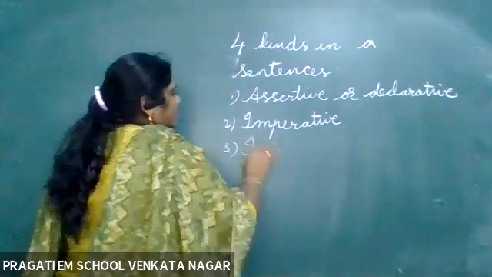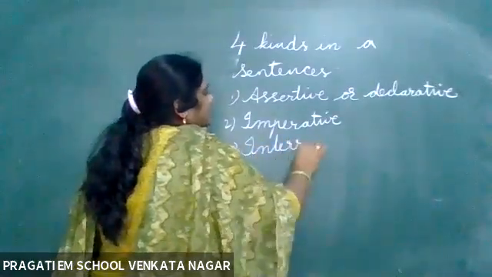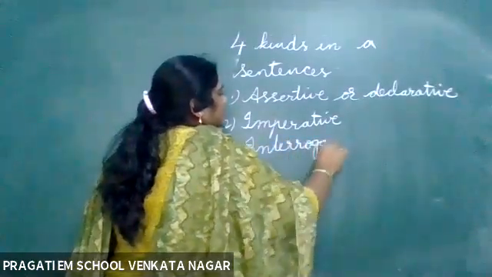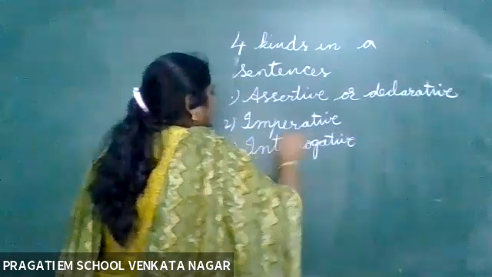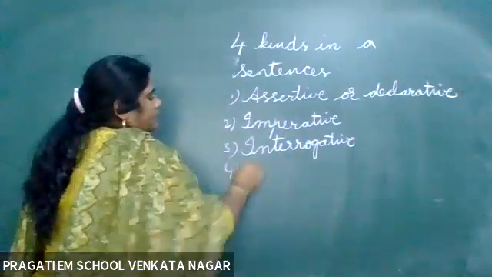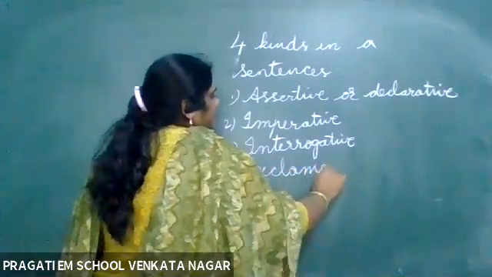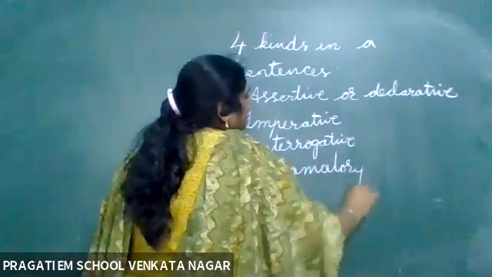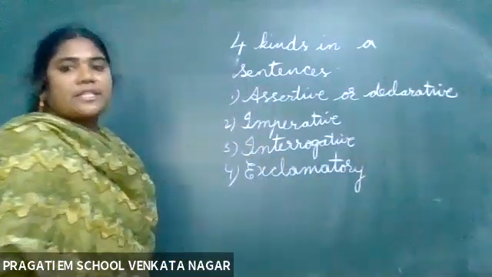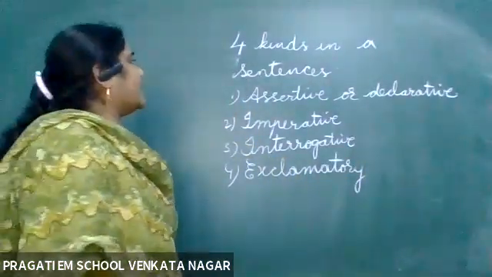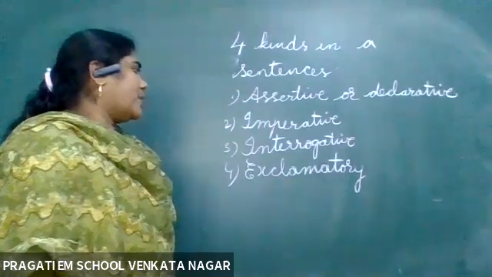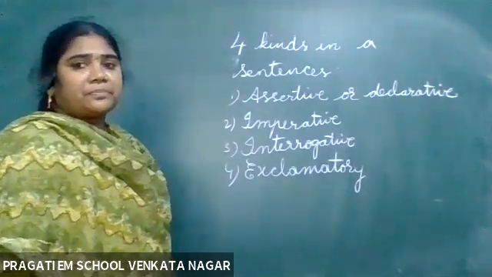Third one, interrogative. Fourth one, exclamatory. There are 4 kinds in a sentence: assertive, imperative, interrogative, exclamatory.